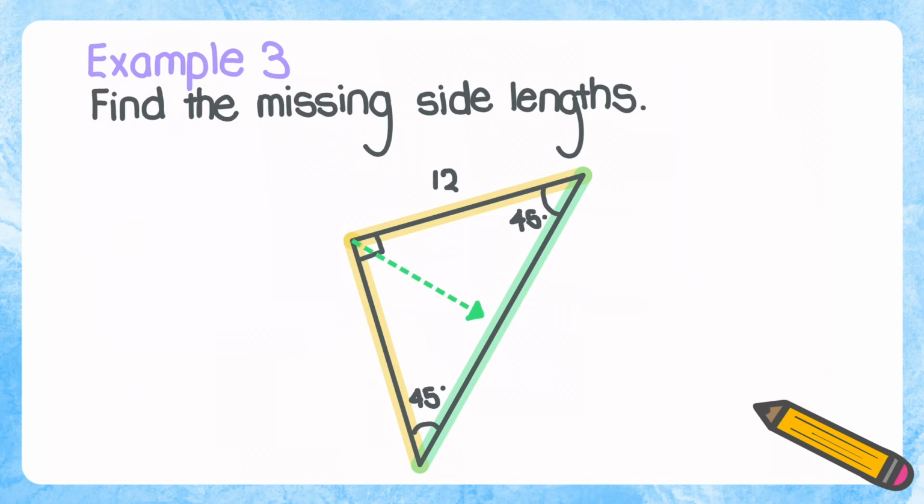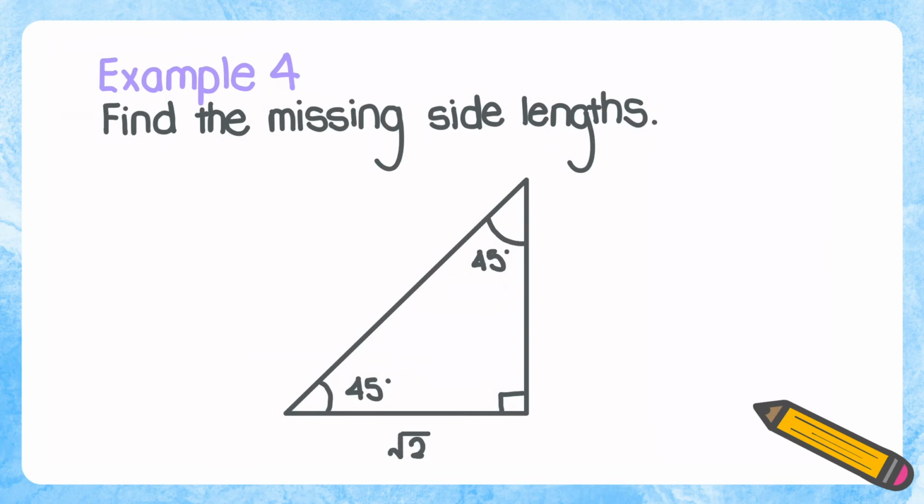So the length of the missing leg is also 12, and the hypotenuse length is 12, but with that extra radical 2. So this example, just notice how the triangle is facing a different direction, but we still use the same idea of a 45, 45, 90 triangle. Just make sure you're correctly identifying the legs and the hypotenuse.